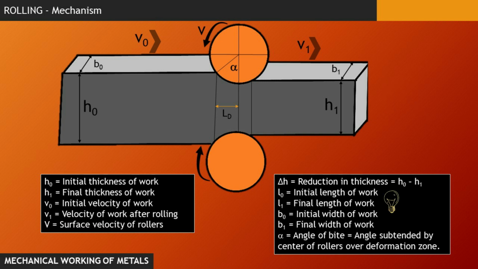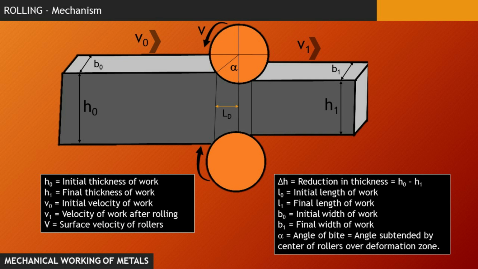L0 can be termed as the initial length of the work, and L1 would be the final length of the work. Here L0 and L1 are not specified, but you can get an idea: when this work is completely out of the rolling process, a different length will definitely be there.